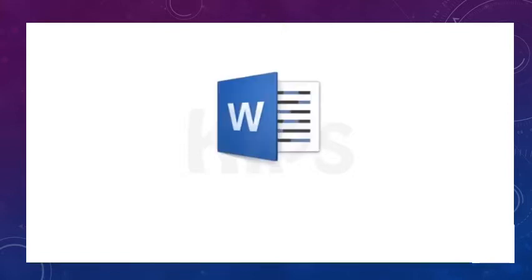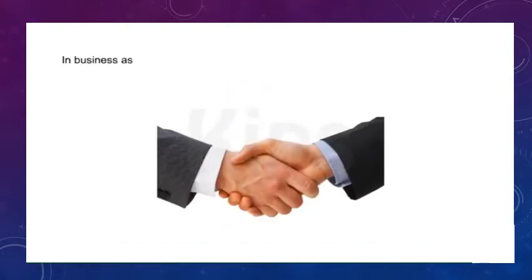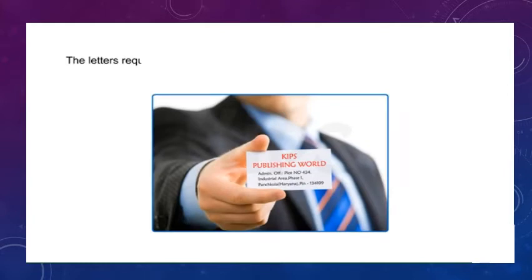Let's understand this chapter with this video. Today we will learn how to use the Mail Merge feature in Microsoft Word 2016. In business as well as in official matters, it is often needed to send letters with similar information to different people. The letters require the name and address of each recipient to be printed on the top.